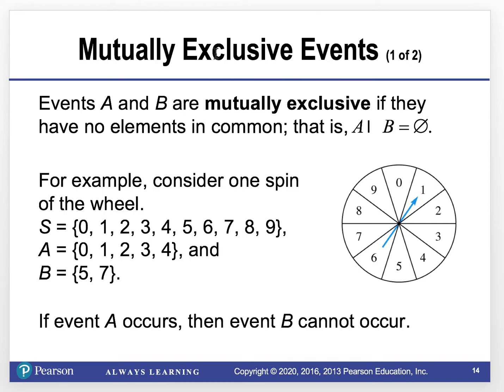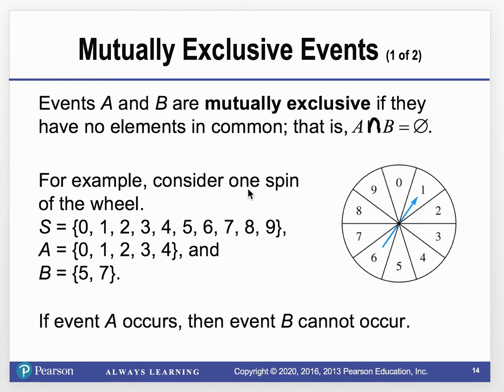Okay, mutually exclusive, a term we need to be familiar with. Events A and B are mutually exclusive if they have no elements in common. That should be the AND symbol. So if A and B is the empty set, there are no elements in common.